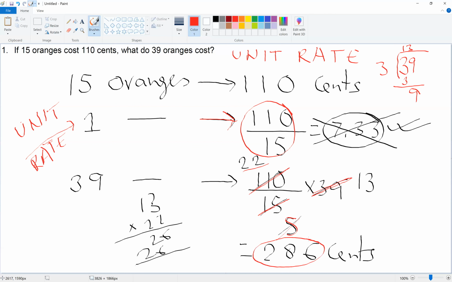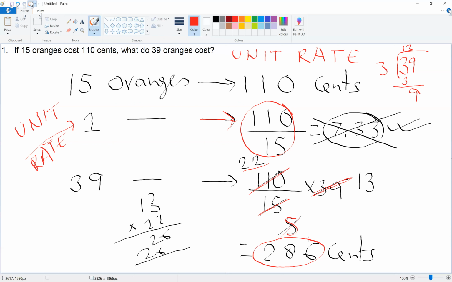So again, Sanmesh, what I was saying earlier. If you did, or Zion, if you did 7.33 times 22, your answer will not be 286. Do you understand? And because your answer won't be 286, you could be marked wrong.